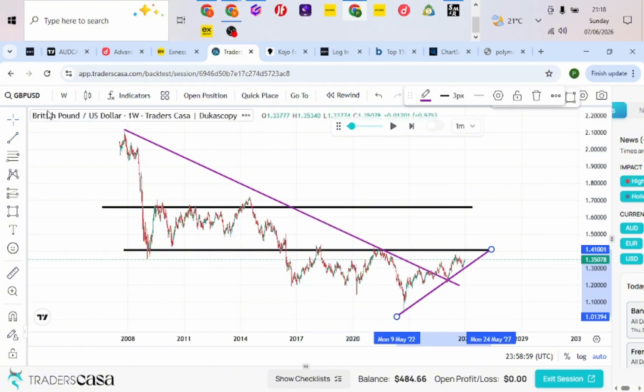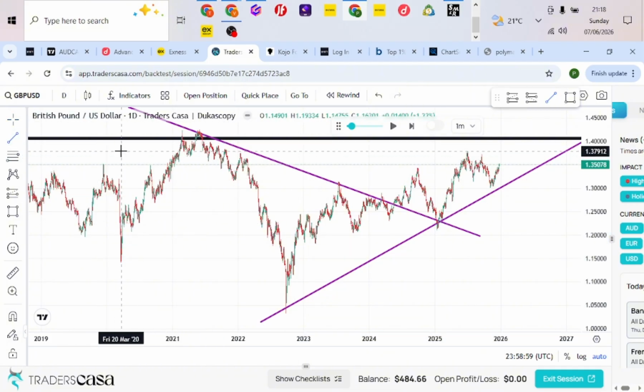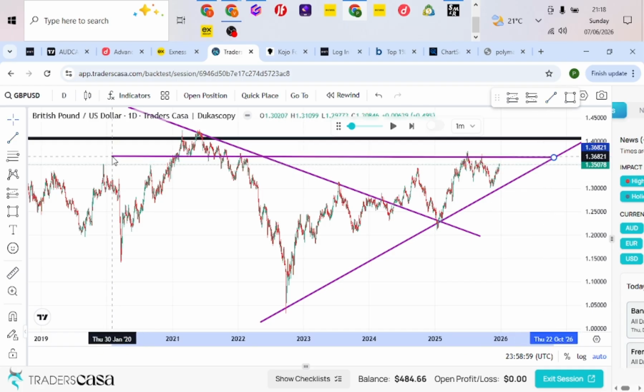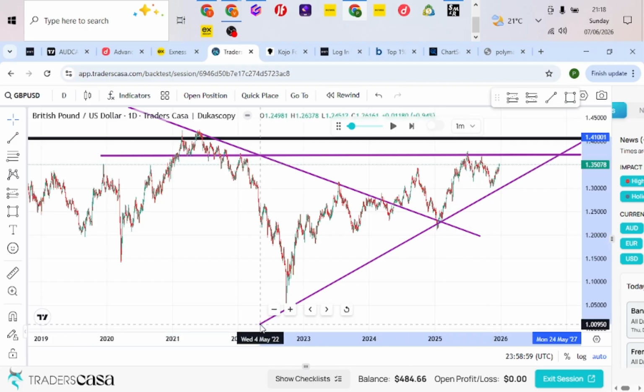Now this is the weekly time frame. Let us narrow it down to the daily time frame. On the daily time frame, we can see there is a support and resistance level on this particular price. I am using another bar with a different color to indicate a different time zone.